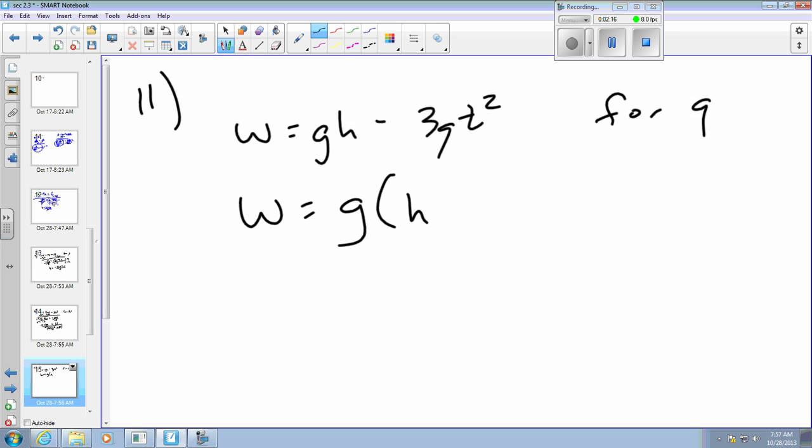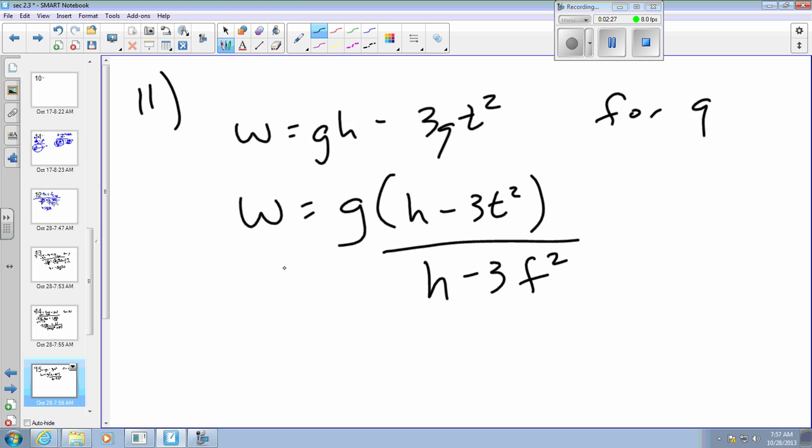I'm left with h minus 3t squared, and then to get the g by itself, we're going to divide both sides by h minus 3t squared. This side goes away, and I'm left with w over h minus 3t squared.